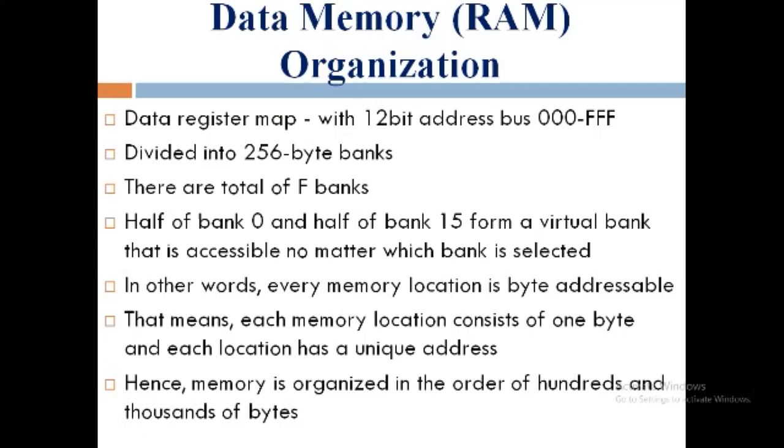Then half of bank 0 and half of bank 15 form a virtual bank that is accessible no matter which bank is selected. In other words, every memory location is byte addressable. That means each memory location consists of one byte and each location has a unique address. Hence, memory is organized in the order of hundreds and thousands of bytes.